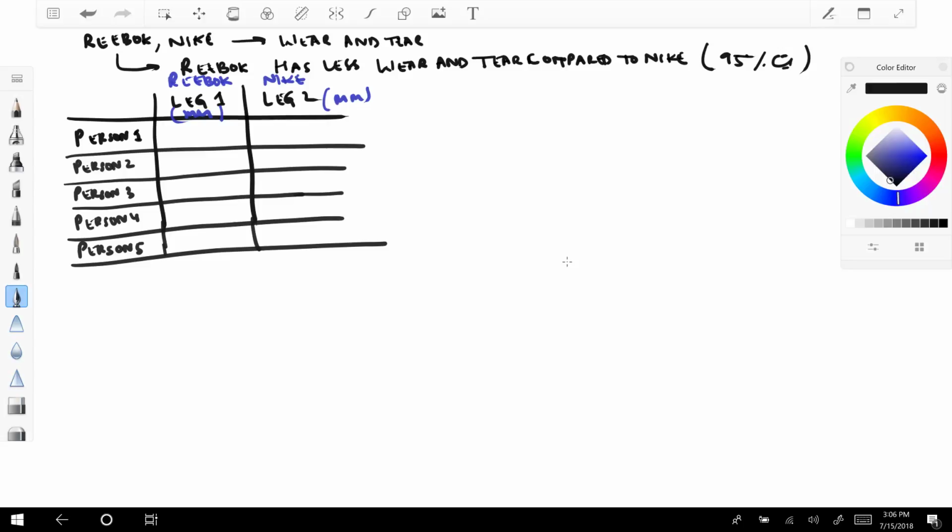So for the measurements, after 1 year they wear Reebok and Nike, and we get the following wear and tear.